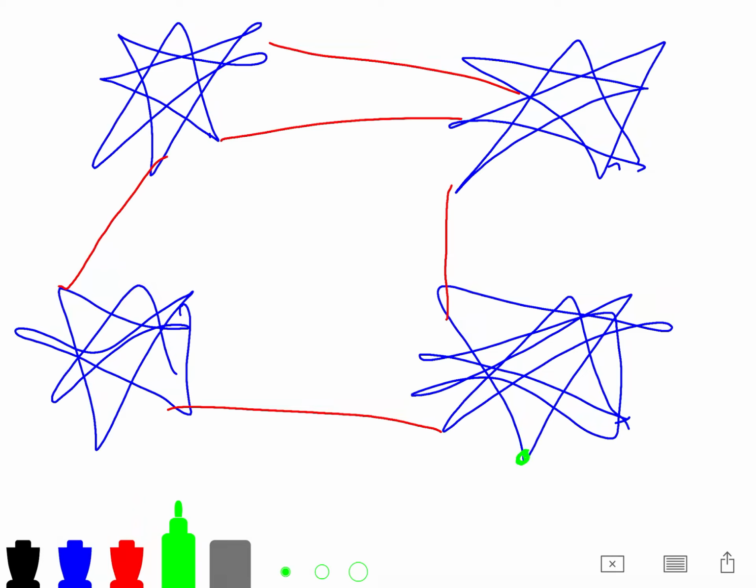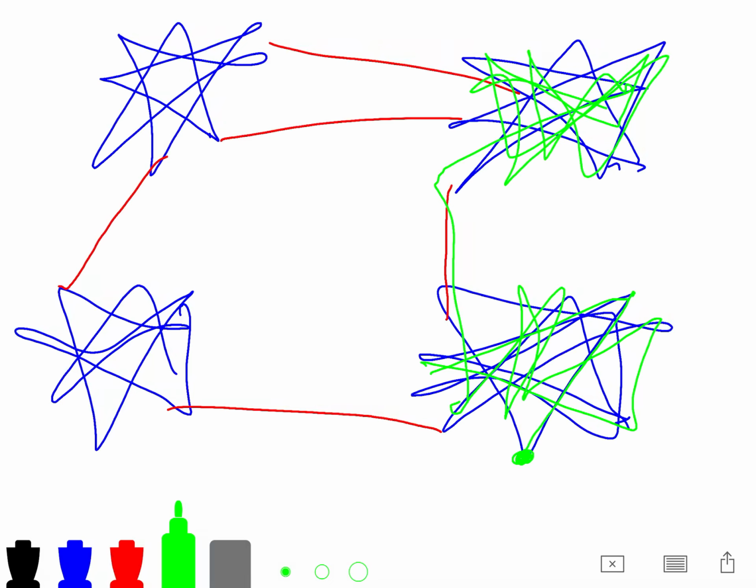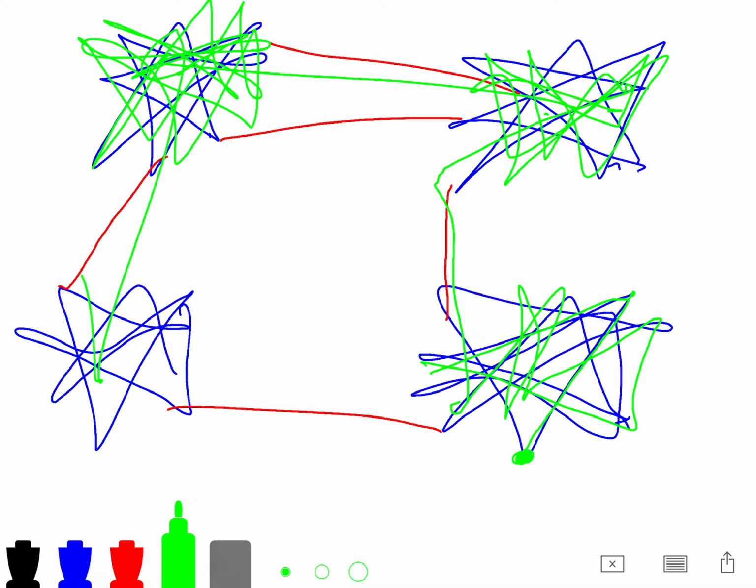A particle that starts at this vertex should pay a lot to go to other parts of the graph. It should be very lucky, and the mixing time is very high to reach the whole state space, going from here to here.